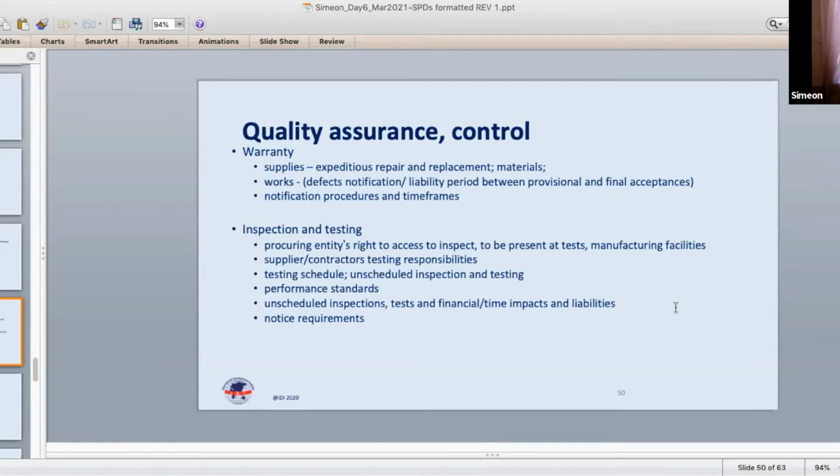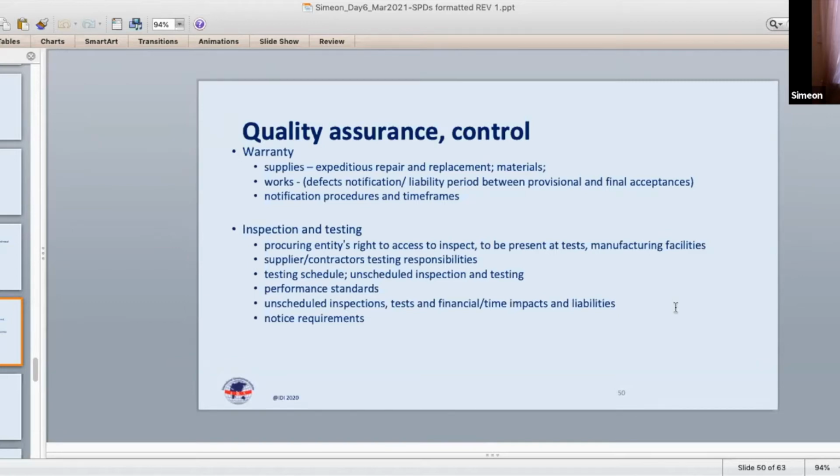So if it's goods, it's basically to repair or replace the defective goods. And in works, it's a similar obligation, which is highlighted in particular in what's called the warranty period or the defects liability period before the final completion. All of those kinks need to be ironed out.